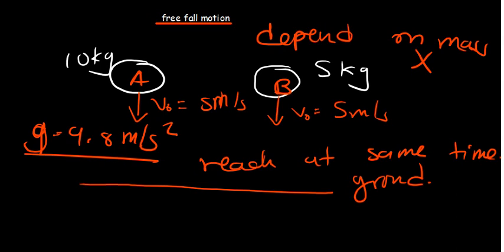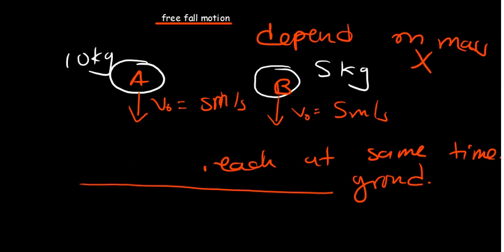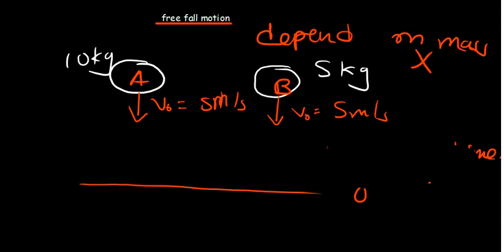Now, what if we change the object? This is what I mean. We maintain the same velocity, but let's change B. Let's say we have a paper. You throw them with the same velocity.